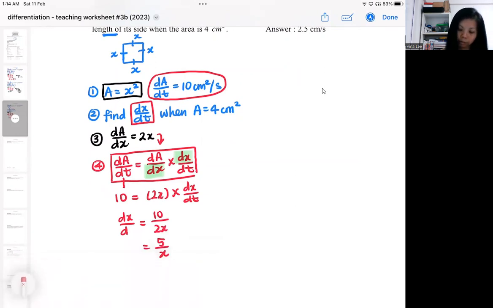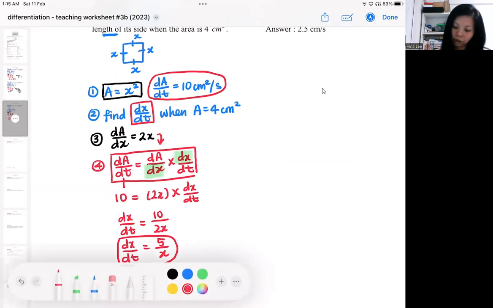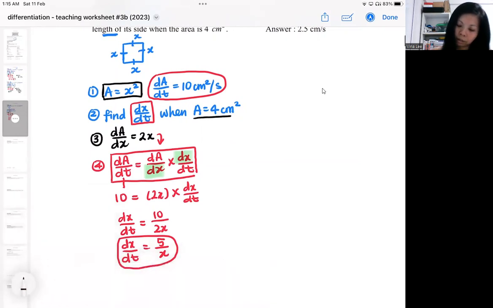Sorry, I wrote it wrong. So that will be the formula. The formula is telling you to substitute x, but the question doesn't give an x. So go to step 5. You can't substitute the area inside, so you have to use the formula.